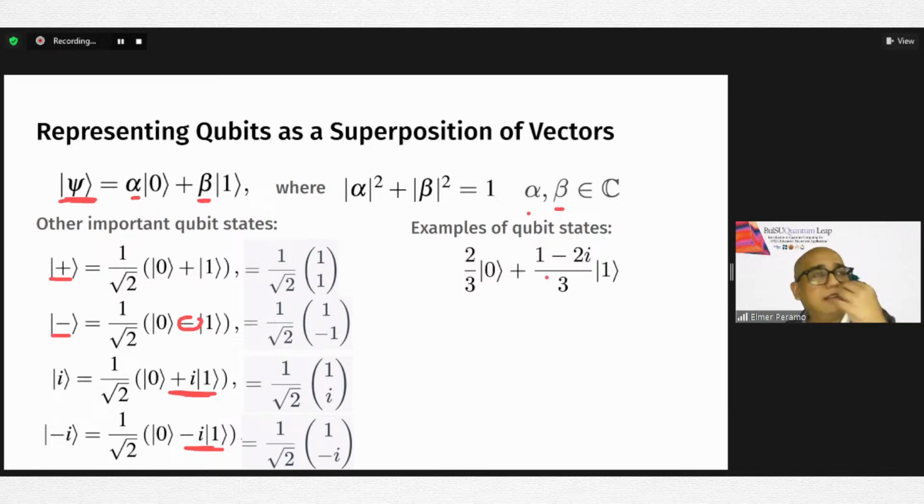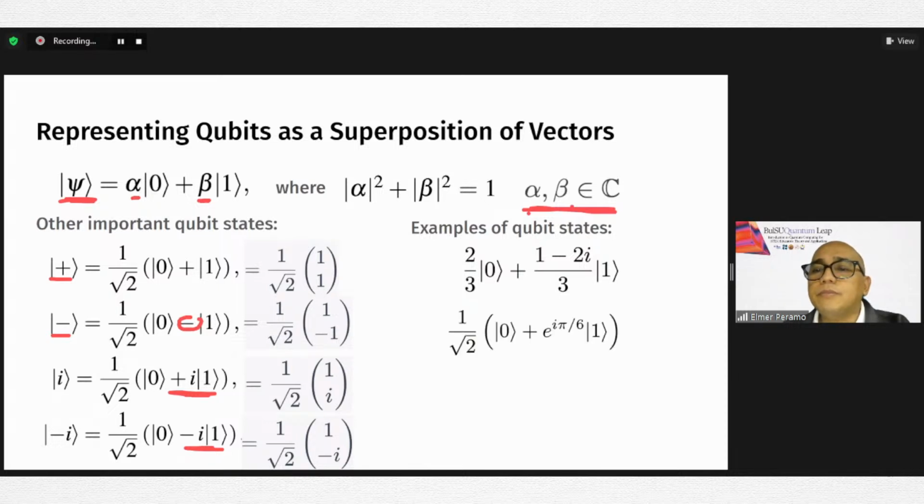Now I'm including complex numbers. Yesterday, I only gave examples of states that are not complex numbers, but basically alpha and beta are elements of the complex numbers. This is also an example, an example of a complex number in exponential form.